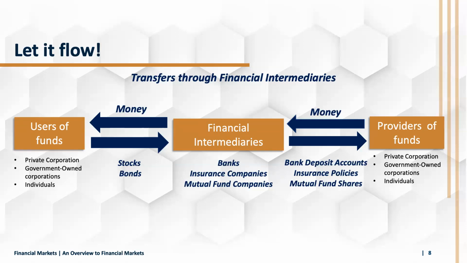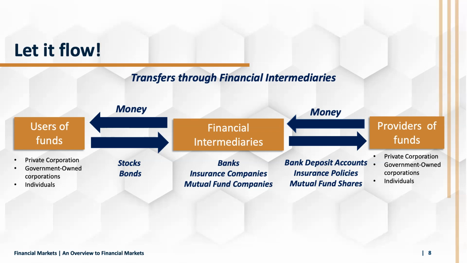And these financial intermediaries will give out a portion of the dividends and the interests to the providers of funds as incentive for letting these financial intermediaries use the providers' funds to make money. That is honestly how banks, insurance companies, mutual funds, and other financial intermediaries work.